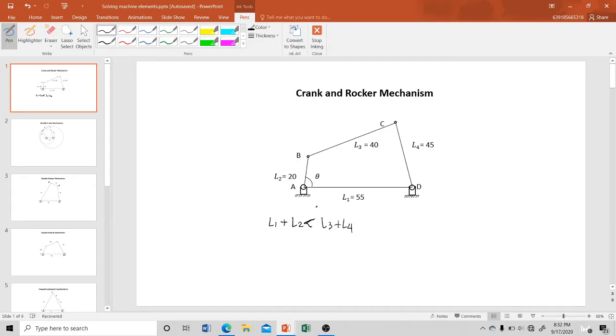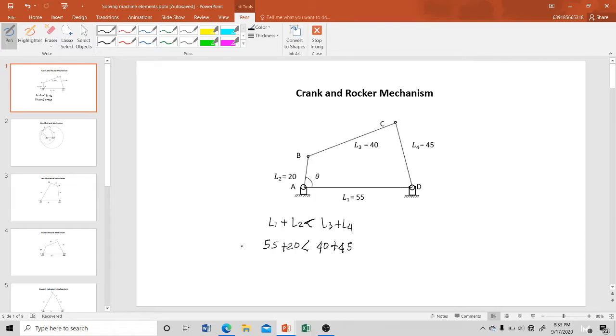Okay, so L1 we have 55, and L2 we have 20. L3 we have 40 plus 45, our L4 is 45.